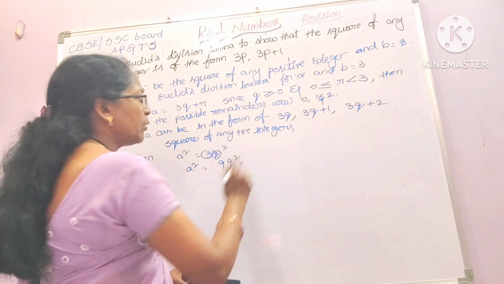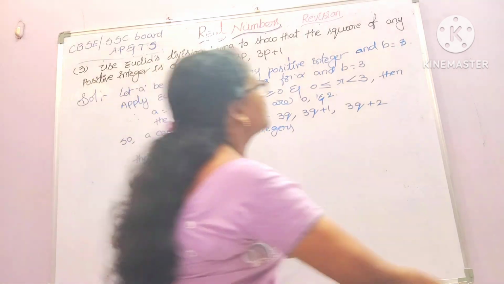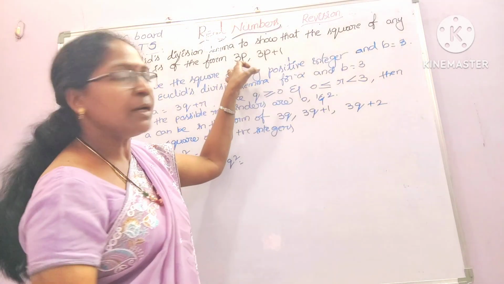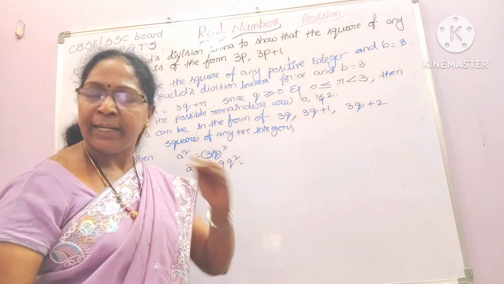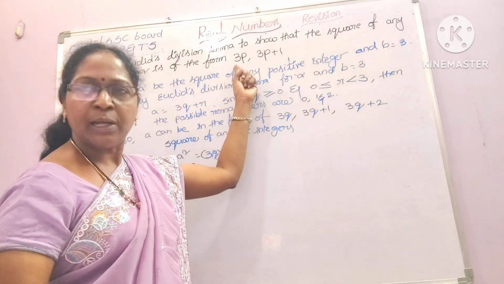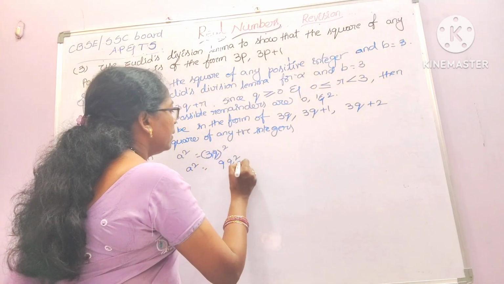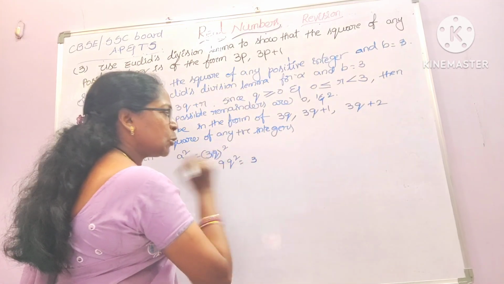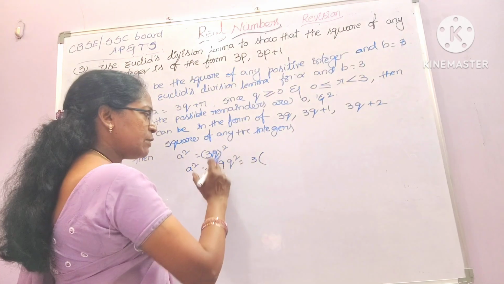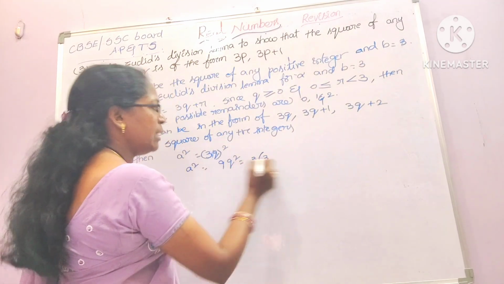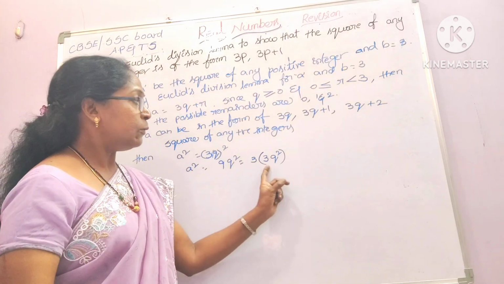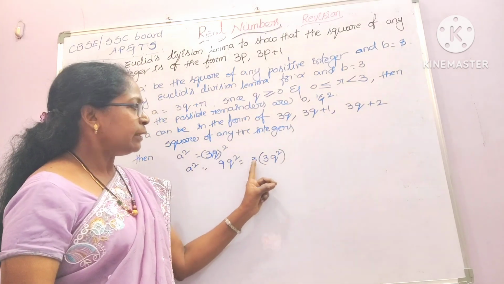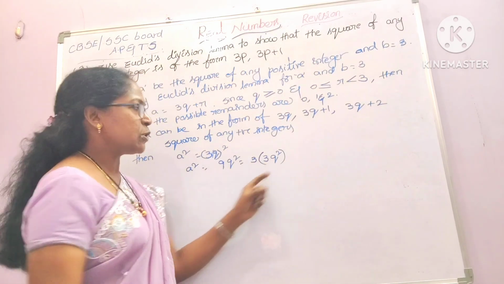This again you have to write in terms of 3 only. So this entire value you have to write down as a multiplication of 3. In this 9, 3 is divisible, so 3 into 3 is 9, and the remaining q square term you write down: 3 into 3q square. Now 3 times 3 is 9, 9q square.